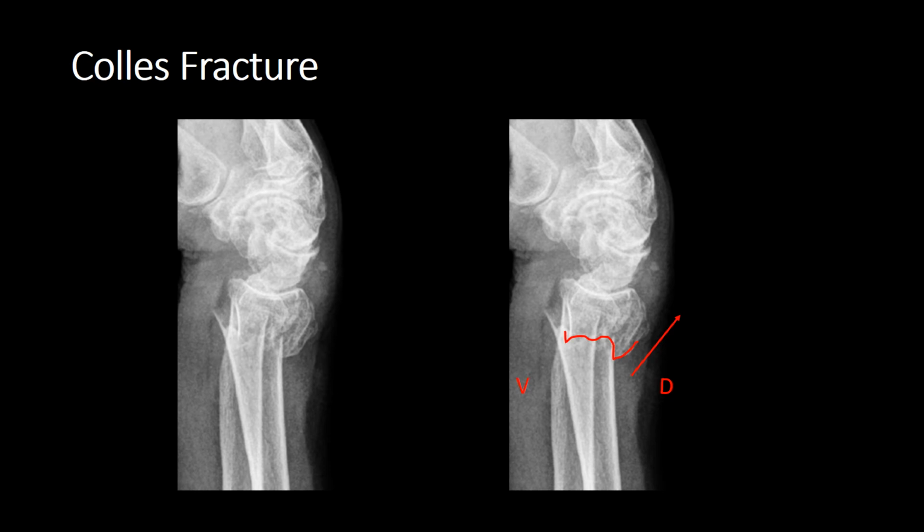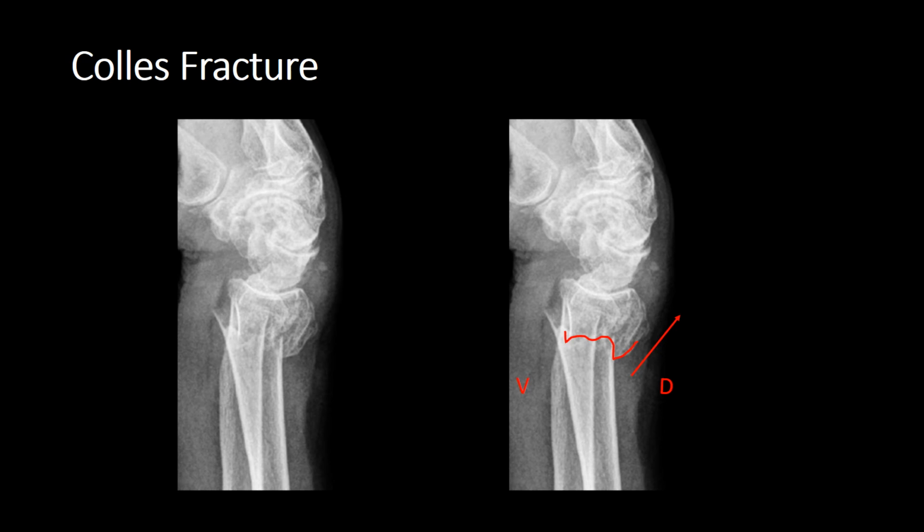And so comminution, which we use for more than 2 fracture fragments, should only be used in that context and not in this context. So let's have a little look at the distal portion of the proximal fragment. And here we have the proximal portion of the distal fragment, and we can see there is actually quite considerable overlap. So that becomes very important to mention in your how.